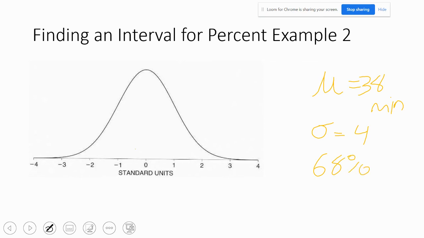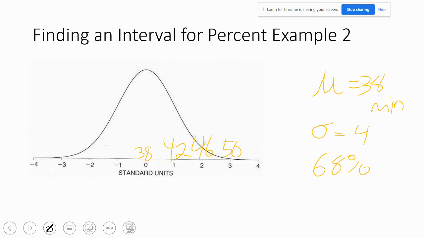So you put the 38 in the middle, above 0. Then you add 4 in each direction. So 38 plus 4 is 42. Plus another 4 is 46. Plus another 4 is 50. And you go in the other direction. 38 minus 4.